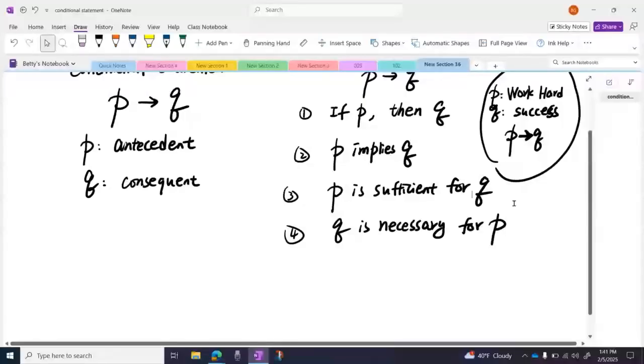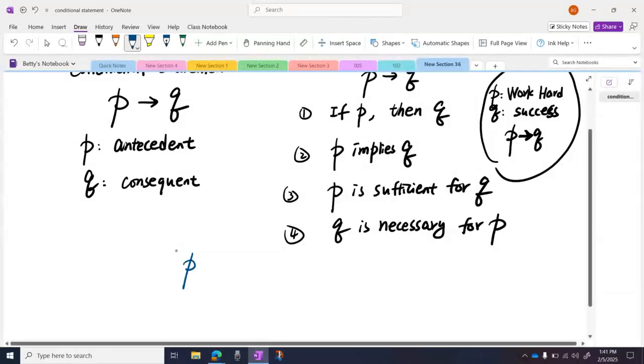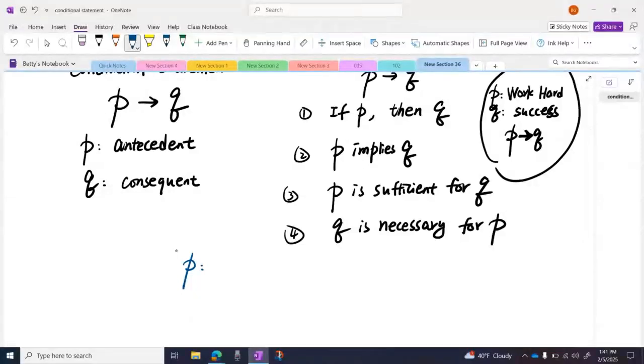Let me give you another example. Let's say P is the statement "I take good care of the plant."